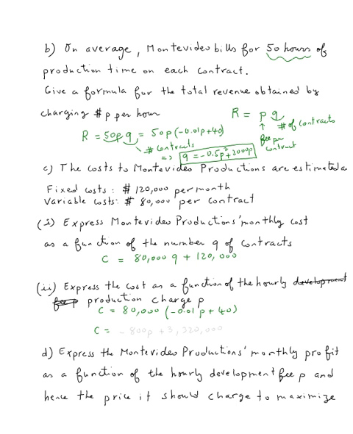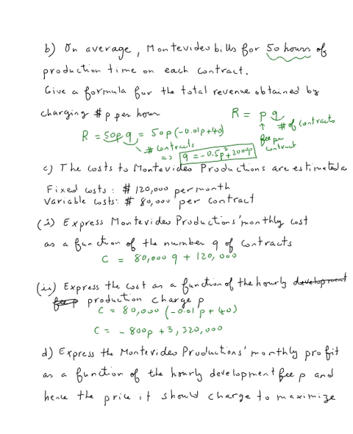So the cost is, just multiply it, we get negative 800P plus 3,320,000. So that's the cost as a function of the hourly charge P.